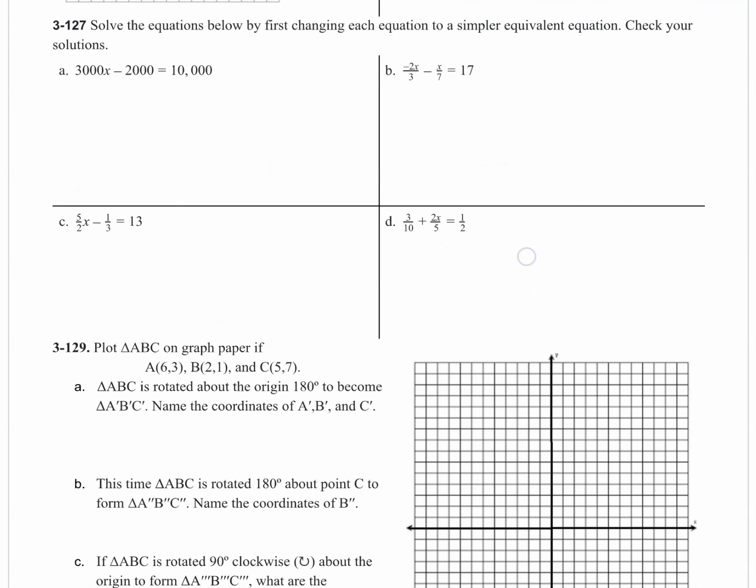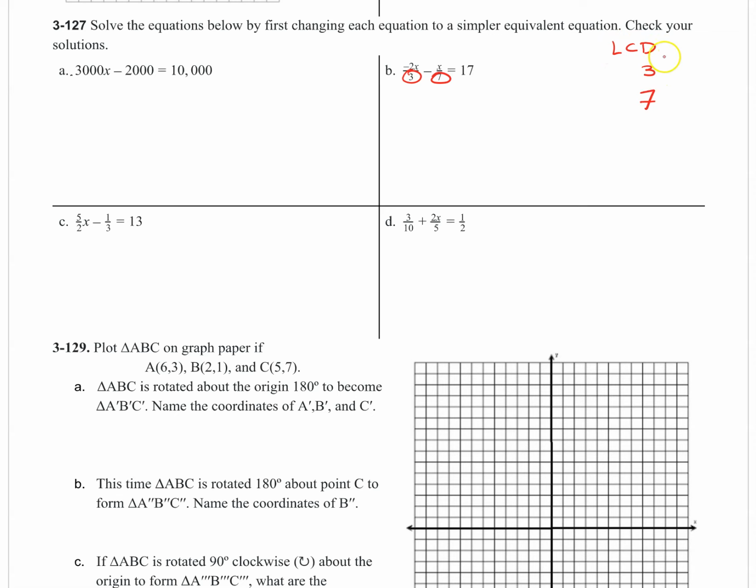3-127. Solve the equations by changing each equation to a simpler equivalent equation. Check your solutions. Okay, so for A, since everything's in the thousands, I'll let you solve that. Why don't we practice some with fractions? So, part B. Circle the denominators, and then let's find the LCD of 3 and 7.